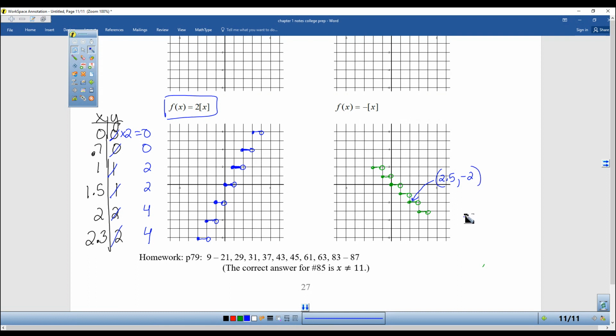When you put 2.5 in for x, f of x is negative greatest integer of 2.5. The greatest integer of 2.5 is just 2, and it's negative. So I feel good about that. Okay, the rules are there to help you make those connections, but you should still check because sometimes, when we did one earlier, things are a little wonky and they don't go quite the way you think that they would.